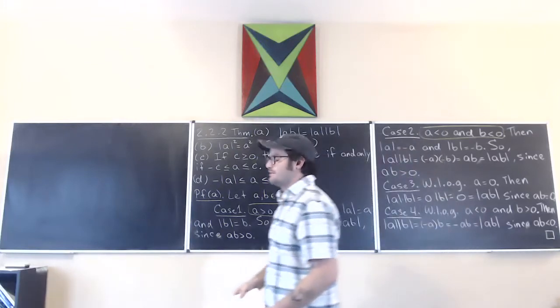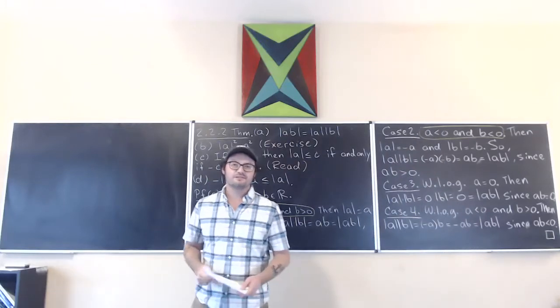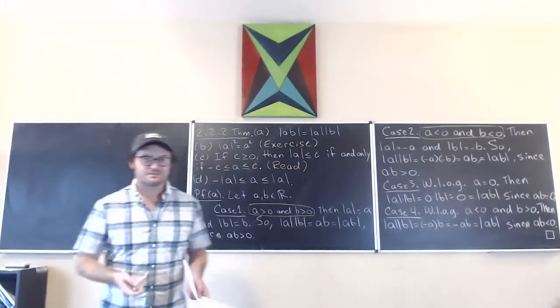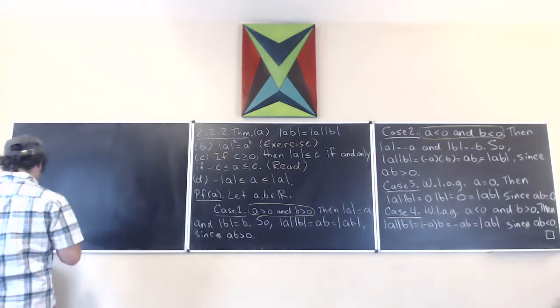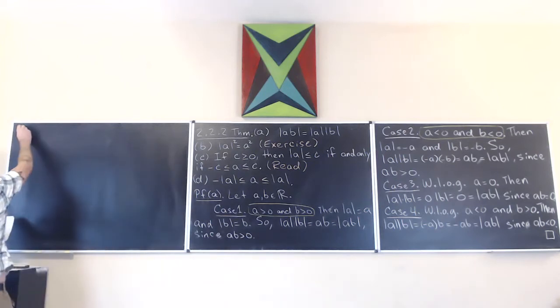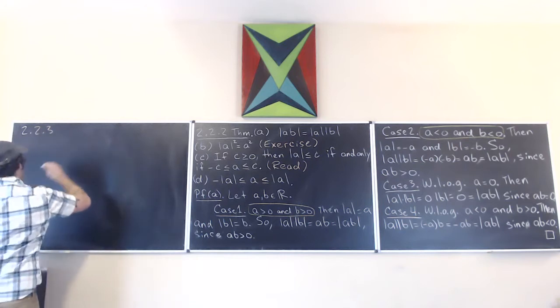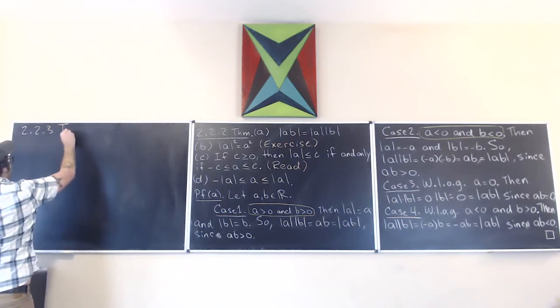Oh, one of the most important inequalities of this course, and one of the most useful inequalities in general. So this is 2.2.3, and this is called the triangle inequality.